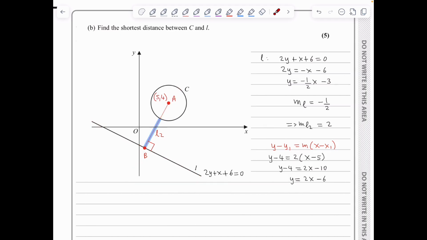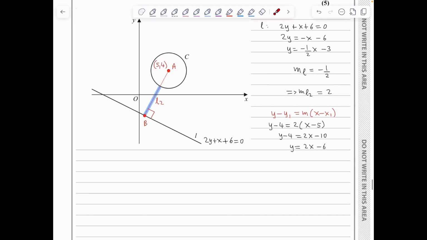I'm going to solve them simultaneously to find the point of intersection, which is the point I've labeled B here. So I'll be substituting into 2y plus x plus 6 is 0, y is 2x minus 6. So we're looking at 2 times 2x minus 6 plus x plus 6 is equal to 0. So 4x minus 12 plus x plus 6 is equal to 0.